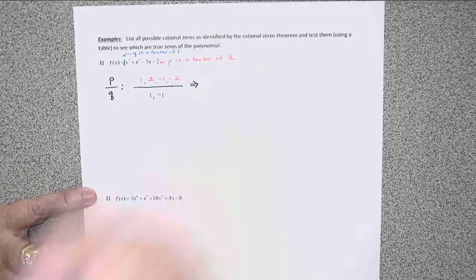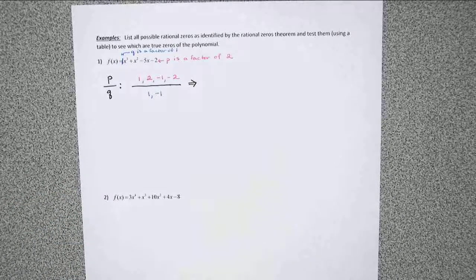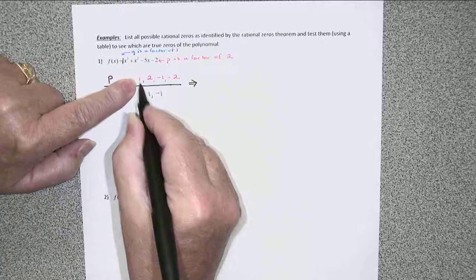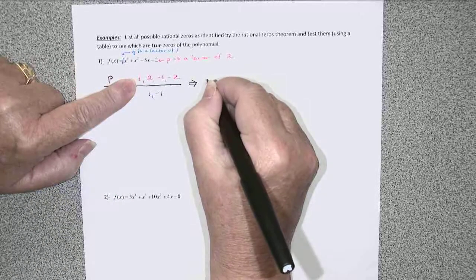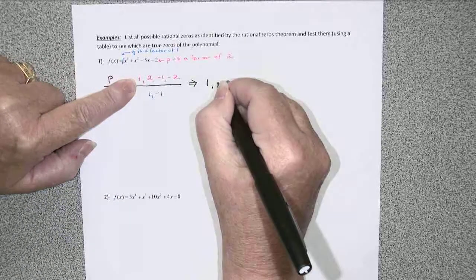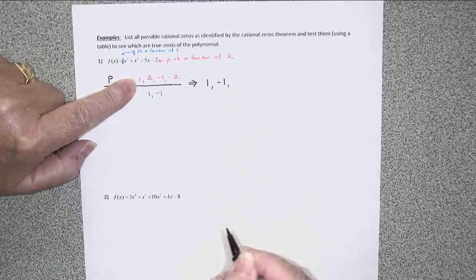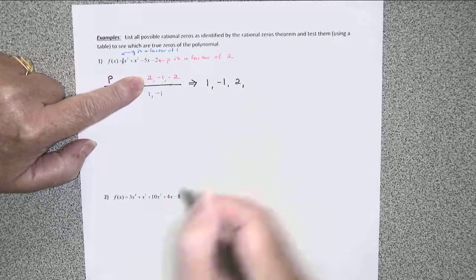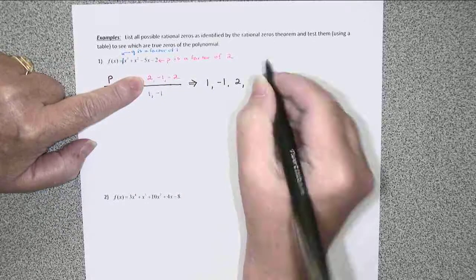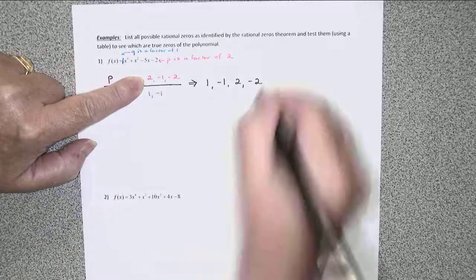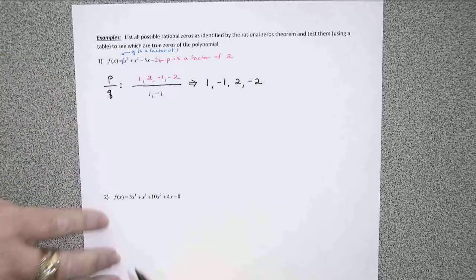So let's list all possible values of the fraction. I could get 1 divided by 1, which is 1, or 1 divided by -1, which is -1. 2 divided by 1, which is 2, or 2 divided by -1, which is -2.